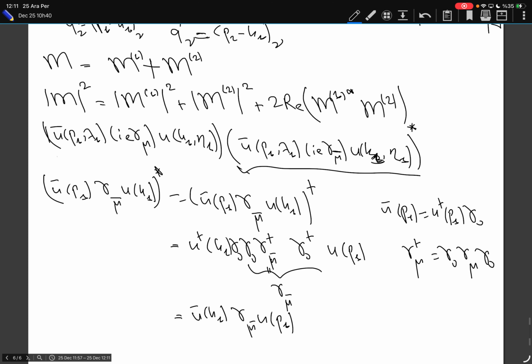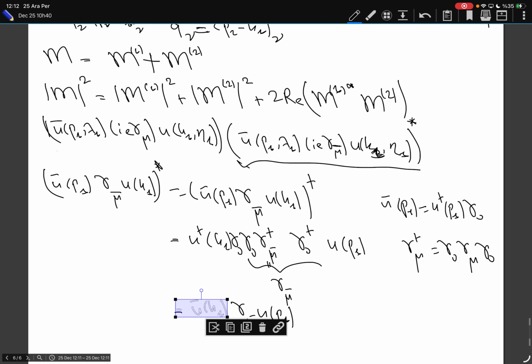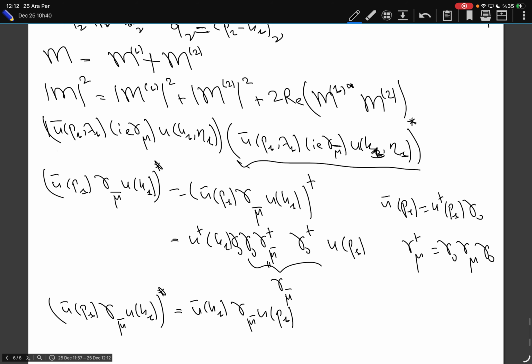You see, gamma 0 dagger is gamma 0. In gamma mu dagger, I have a gamma 0 here. That is 1. This gamma 0 cancels with this gamma 0. And this u dagger gamma 0 is what I call u bar. So the effect of complex conjugation in this product is just exchanging the two spinors and nothing else.